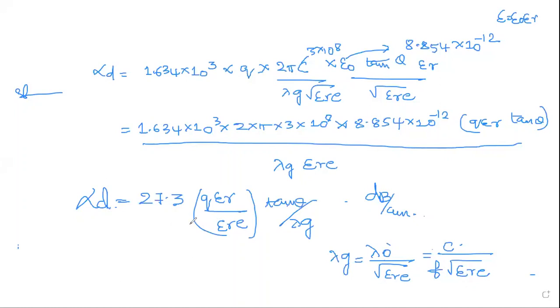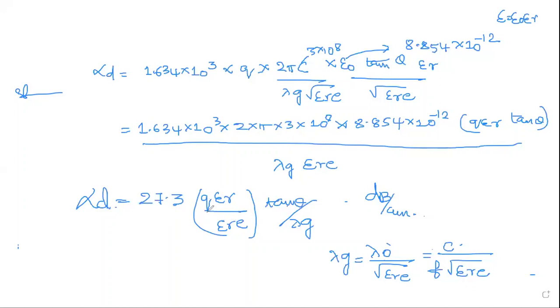So if the substrate conductivity is independent of the frequency, as for a semiconductor, then the dielectric attenuation is also independent of the frequency. The substrate as well as the loss tangent as well as dielectric attenuation are all independent of frequency.